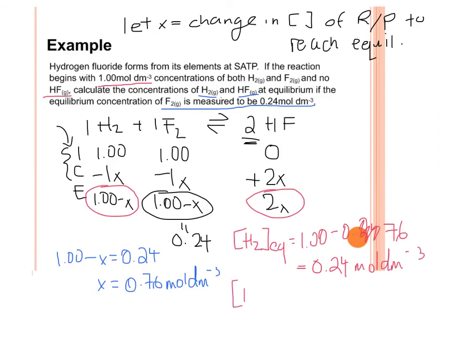And the concentration of HF at equilibrium is going to be 2 times x, because that's what we've got here in our ICE table. So 2 times 0.76 gives us 1.52 moles per decimeter cubed.